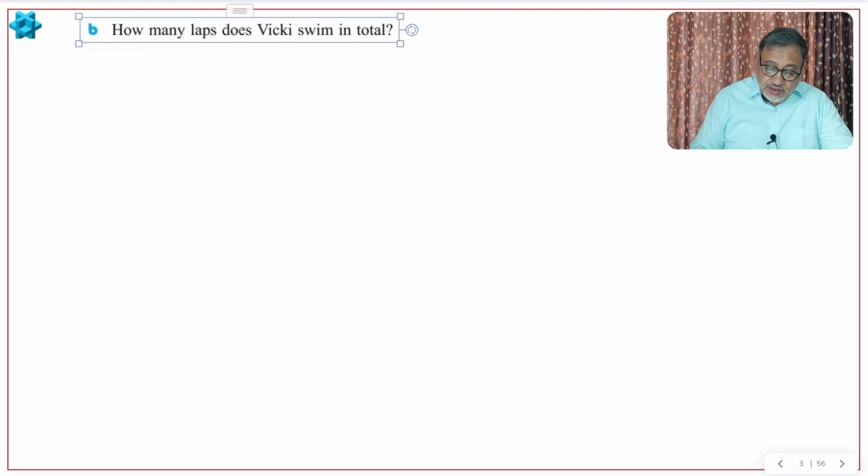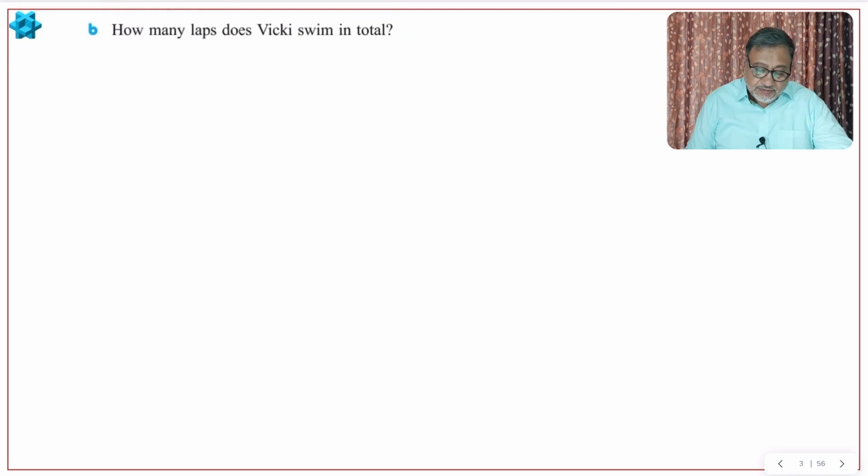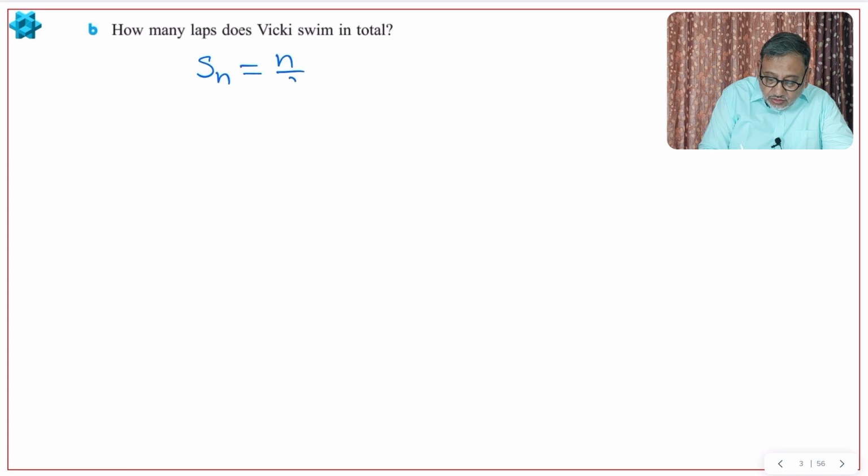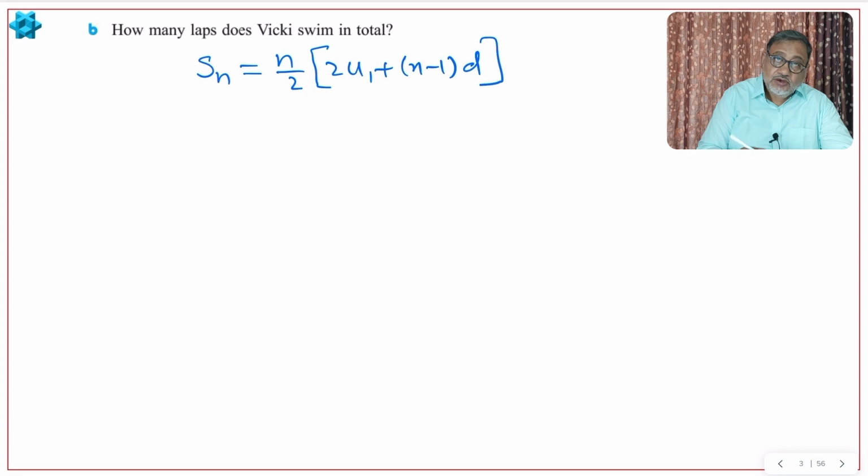We have to find how many laps Vicky swims in total. In total means we have to find Sn. So let us write the formula of Sn: n by 2 into bracket 2u1 plus n minus 1 times d. Here n is 30, because in total she is swimming 30 days.